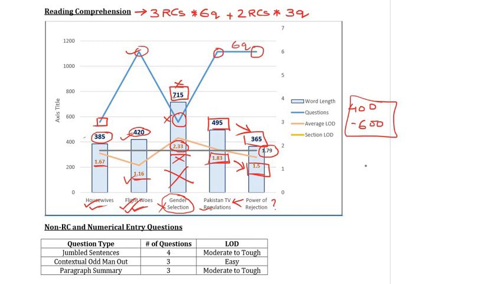So here, essentially what I would do is attempt all the 3 6-question RCs and 1 3-question RC. Within this, what I would try and do is in the first 2 passages, I would try and attempt as many questions as possible. So that would be around 8 to 9 questions.